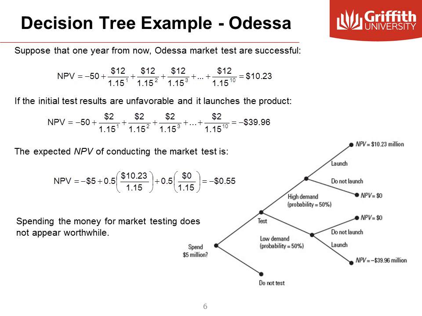By working backwards from right to left on the tree, Russian Foods can decide whether to conduct the test in the first place. The expected NPV is the weighted average of the discounted NPVs of the positive NPV of 10.23 million and the zero NPV when we don't take the test.